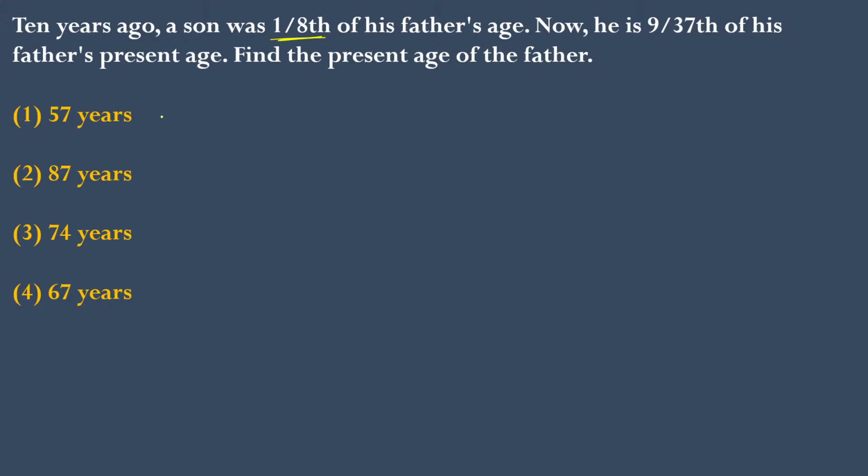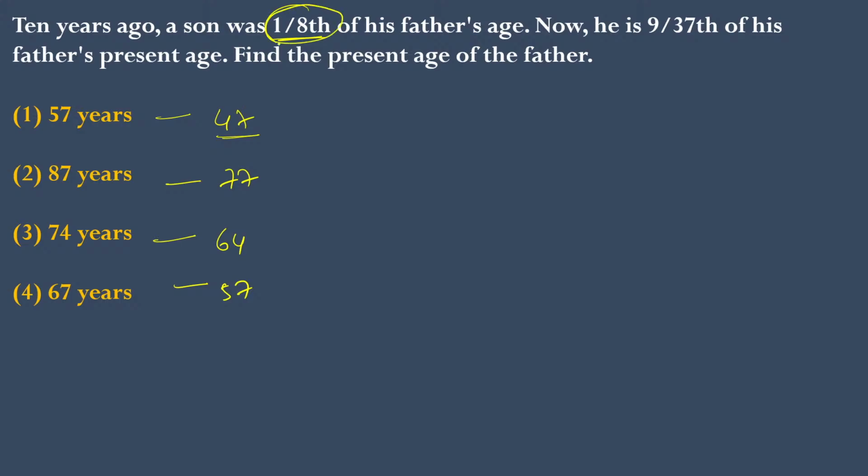If you see 10 years ago, the options were 47, 77, 64, and 57. So 1 by 8, which number is divisible by 8? Here they have given 1 by 8.